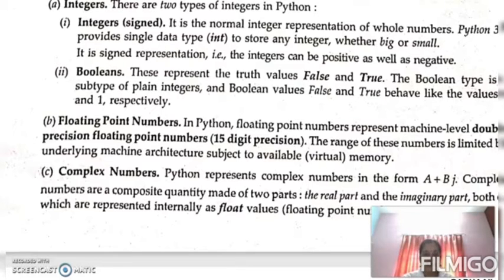It is a signed representation. Signed means positive or negative. We can specify whether it is positive or negative. Second data type is booleans. Booleans means true or false. For true we use 1 and for false we use 0.